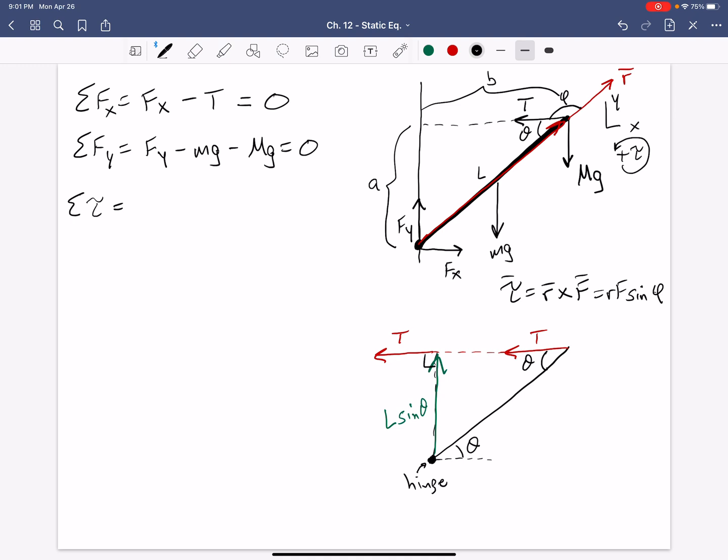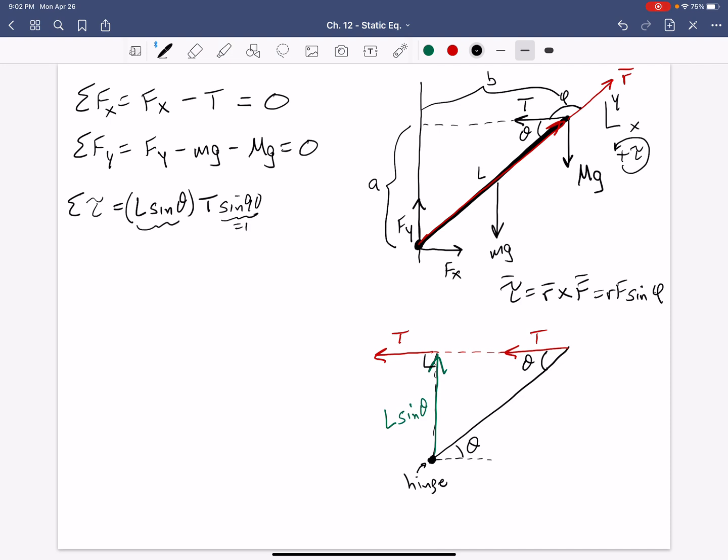So now in our torque equation, our R cross F can be written as our R perpendicular, L sine theta now. That's the first vector. The second vector is the force, which is the tension, and the sine of the angle in between these now, well, that's sine of 90. That's just 1.